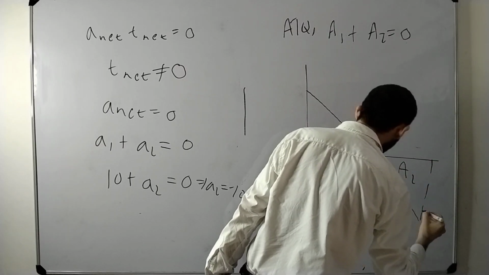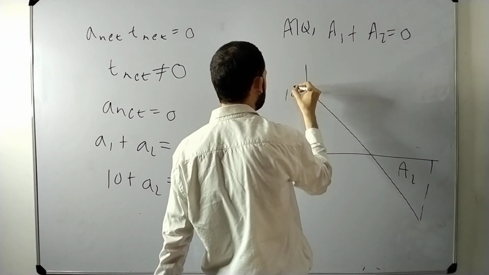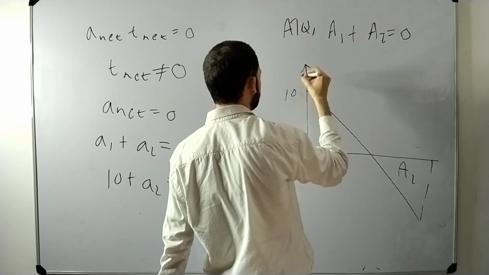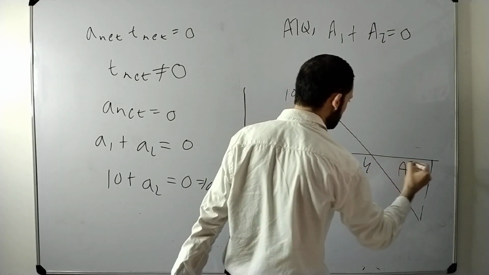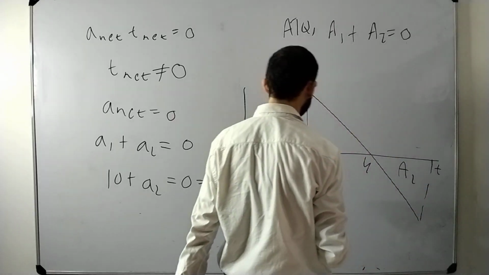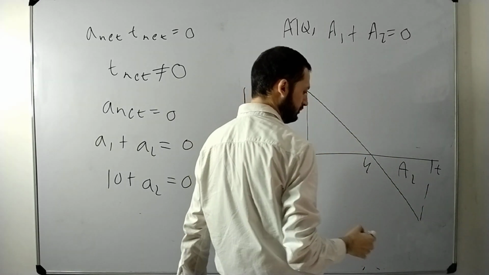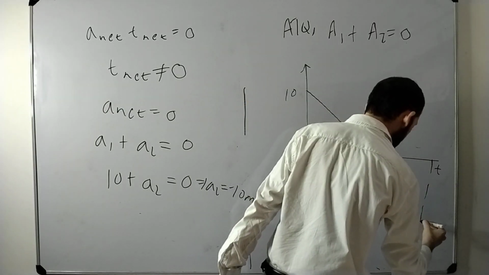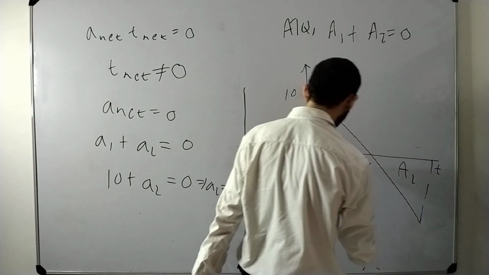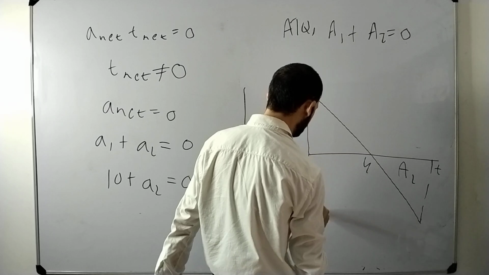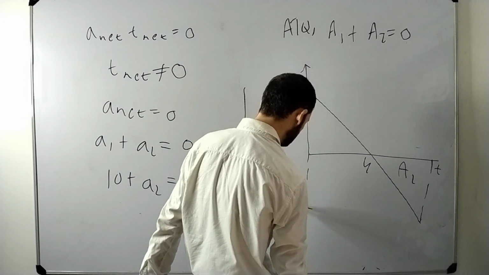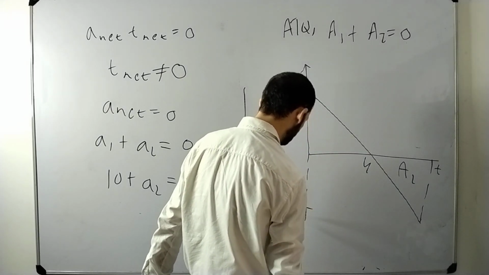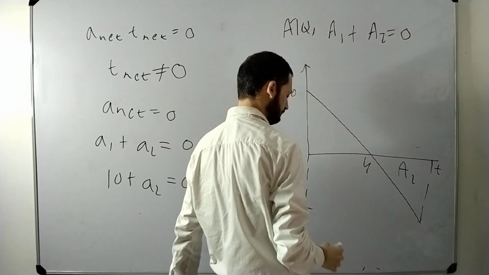So you see, the figure is not given in the question. Only time is asked. So here it is 4 and this is t. So I need to find acceleration, which is also minus 10 here. Right, students? So this is minus 10 acceleration.